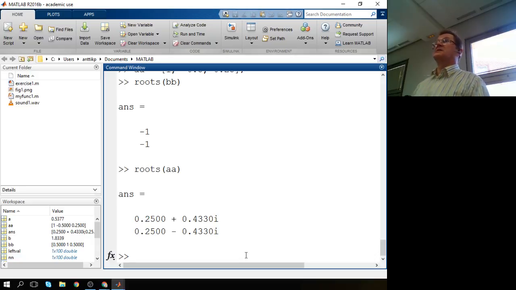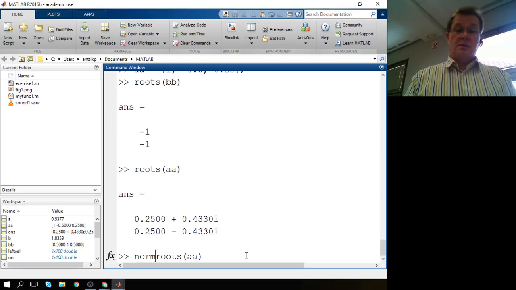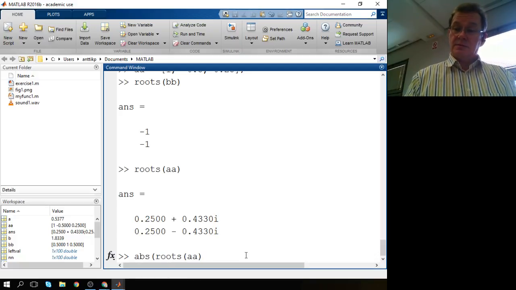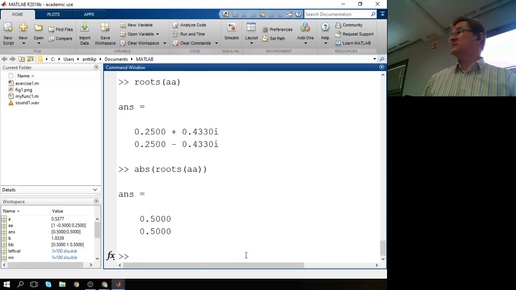And that already tells me this system looks stable, because the absolute value of the roots is less than 1, meaning they are inside of the unit circle.